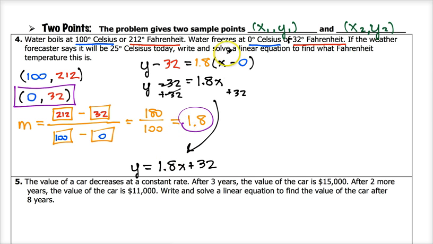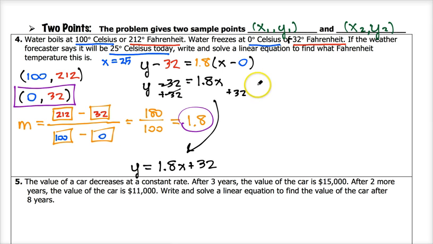So the second half of the problem now asks us to find what Fahrenheit temperature it is when it is 25 degrees Celsius. Okay, so it's giving us the Celsius, and remember the Celsius was the x-coordinate for our purposes here, so it's telling us x is equal to 25, and it wants us to find Fahrenheit, or find y.